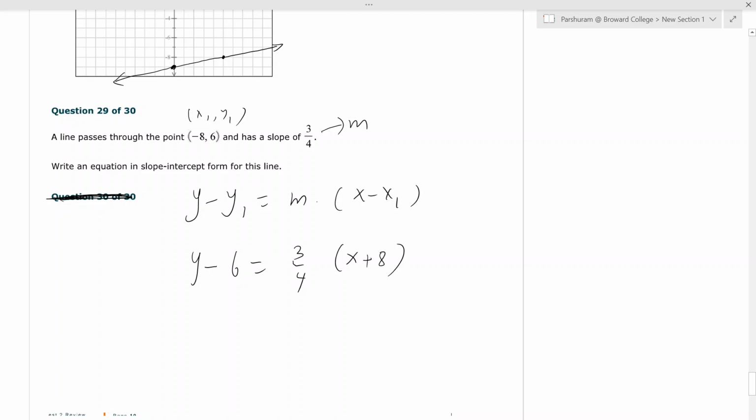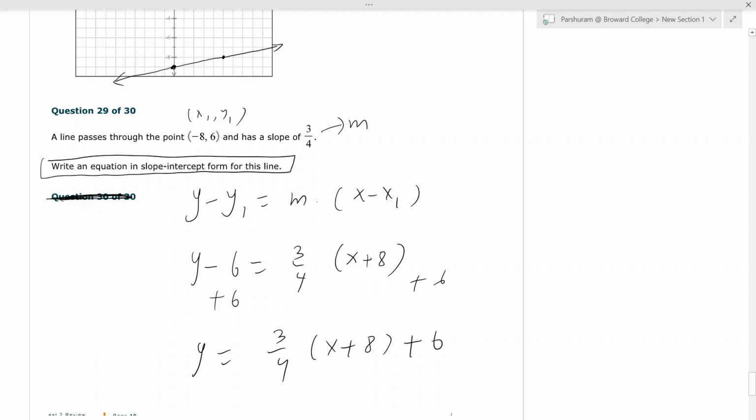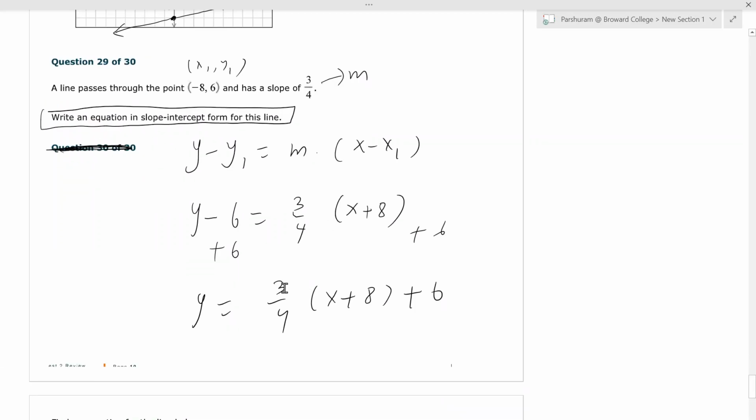If you want to simplify this, just add 6 to both sides. So y equals 3 over 4 times (x plus 8) plus 6. But keep in mind, in this problem we are asked to write the equation in slope-intercept form. So we need to distribute this 3 over 4 here: 3 over 4 x plus 3 over 4 times 8 gives us 6.